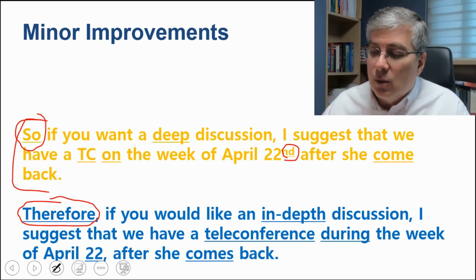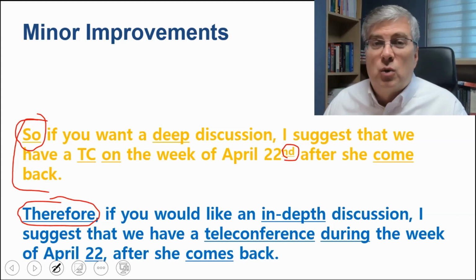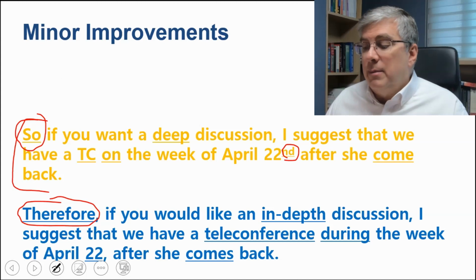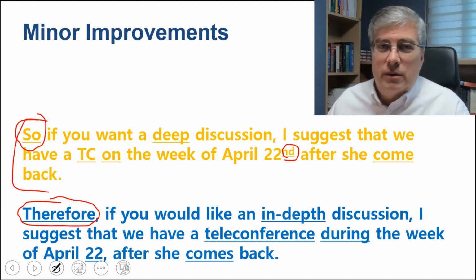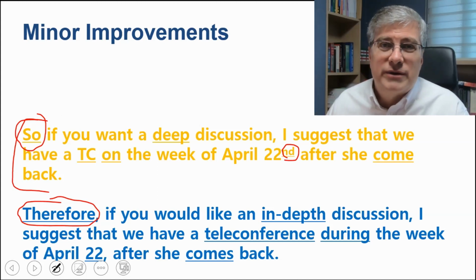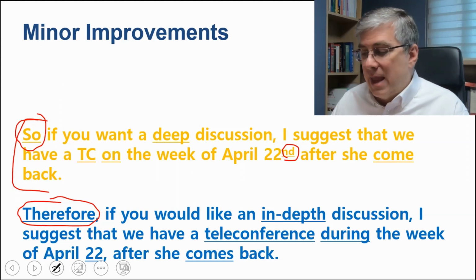So even though you may write it as April 22, it should be pronounced as April 22nd, because it is a date. But there's no need to use those little endings after the number for ordinal numbers in your writing. You can if you want, but the trend is going away from that.